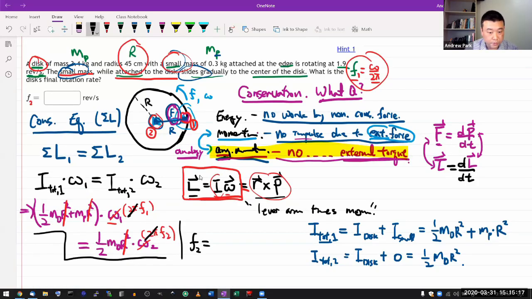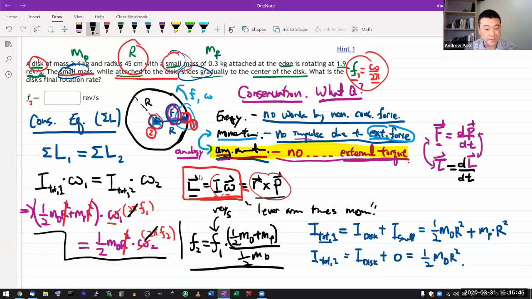F2 is equal to F1 times the ratio of the masses, 1/2 m_d plus m_p, you can plug in the numbers, divided by this mass here, 1/2 m_d. And when you plug in the numbers, keep this in units of revolutions per second, and you should just get the same unit answer. So yeah, that's it.